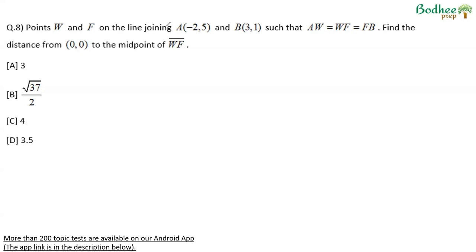Points W and F lie on the line joining A and B. A is minus 2, 5, B is 3, 1, such that AW is equal to, say this is X, WF, say this is also X in length, is equal to FB. Find the distance from 0, 0 of the midpoint of WF.